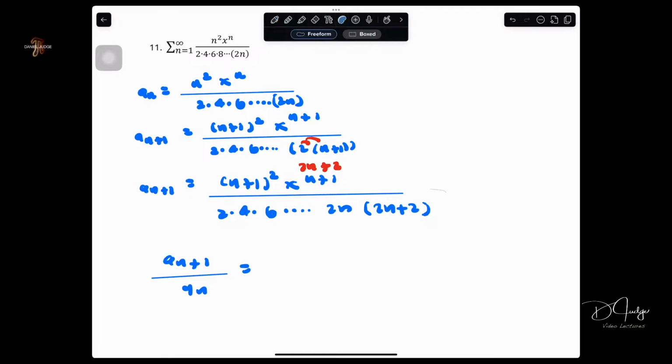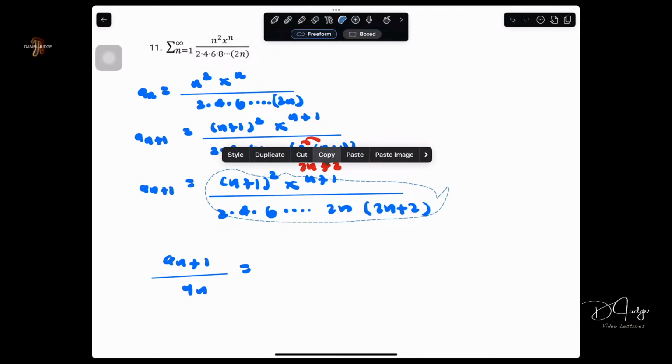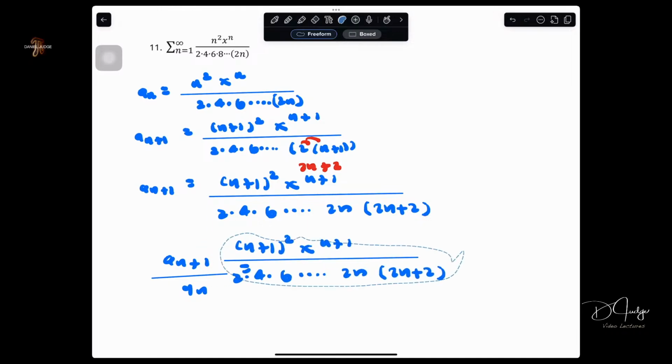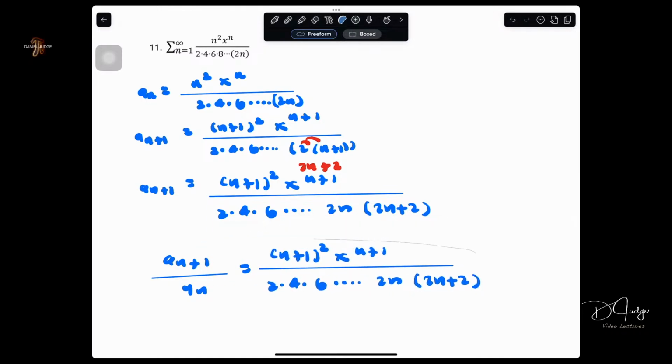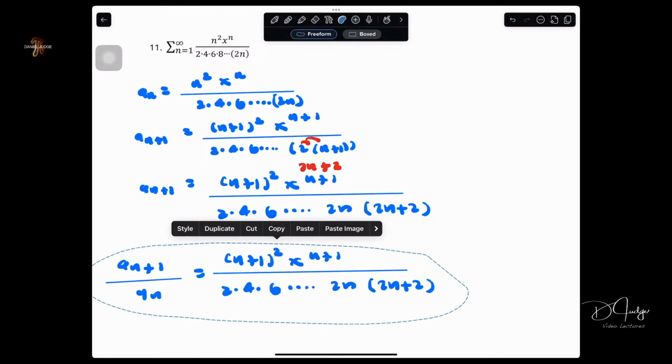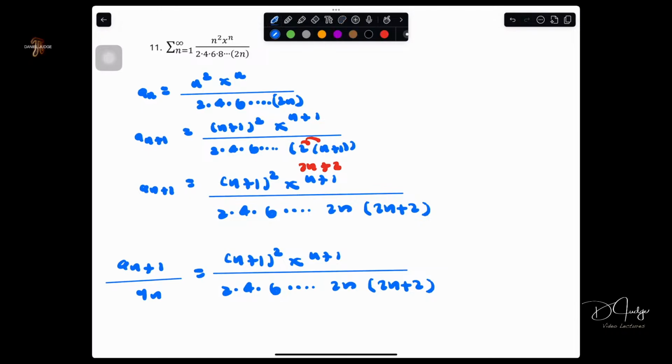And I'm just going to copy everything here. And don't forget, instead of dividing, we're going to multiply by the reciprocal of an, which will be 2, 4, 6, all the way up to 2n again, n squared x to the n.